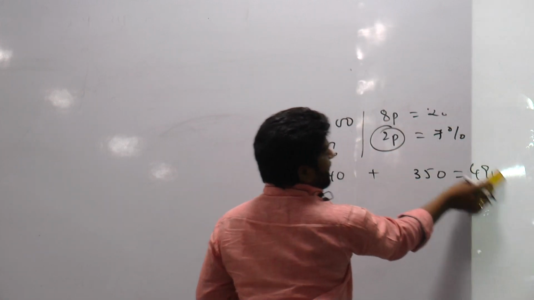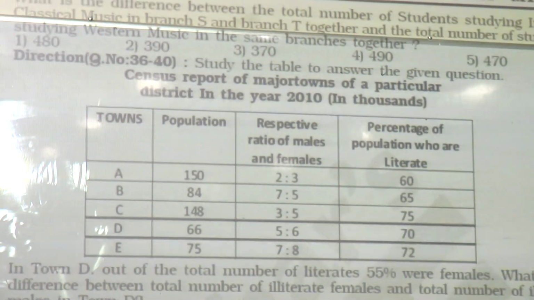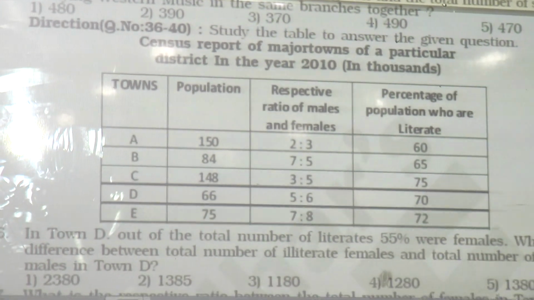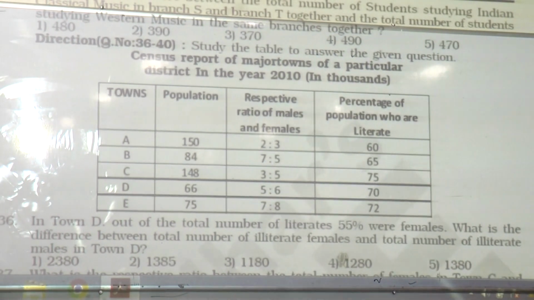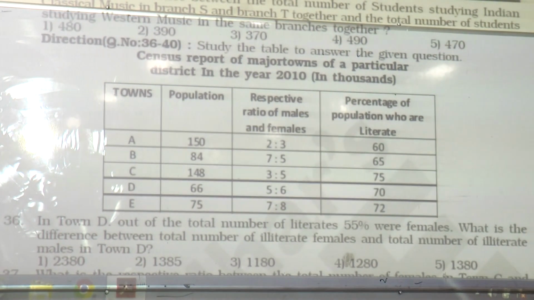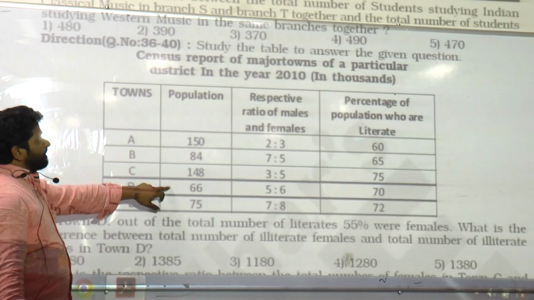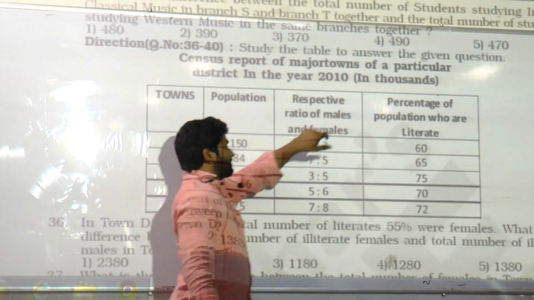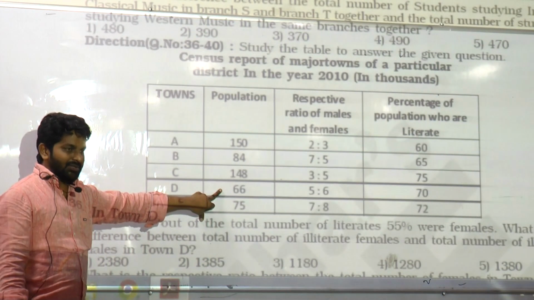36. In town D, out of the total number of literates, 55% were female. What is the difference between the total number of illiterate females and the total number of illiterate males in town D? Right. So this is population given in 1000. So from D we have total 66,000 population.